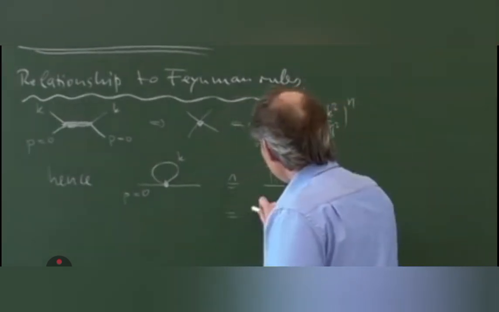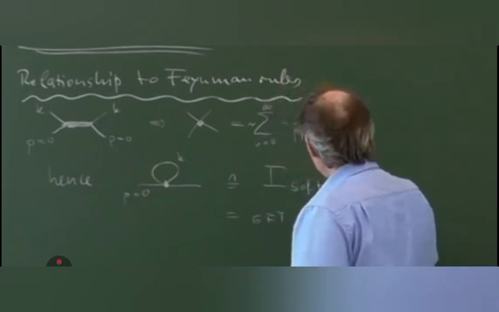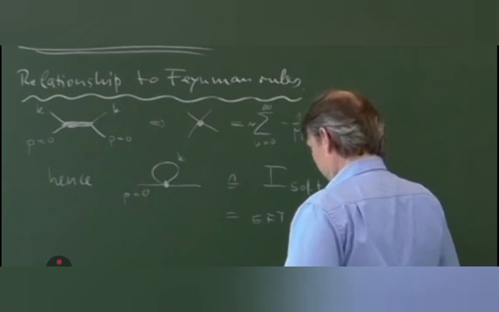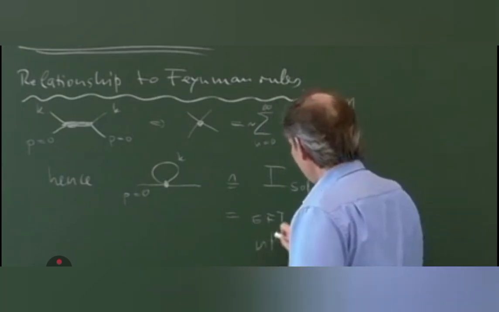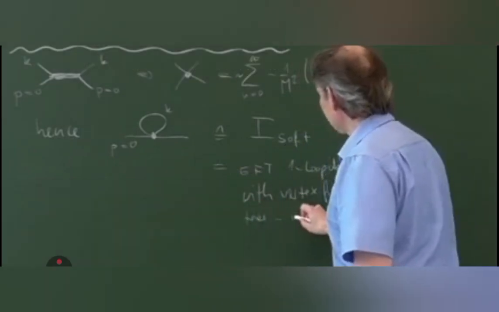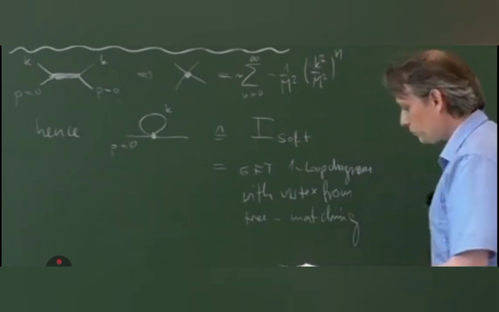So this I soft corresponds to an EFT one-loop diagram with a vertex from tree-level matching. So that is very nice.